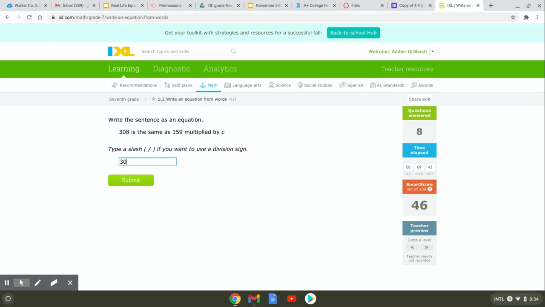So 308, the same as means equal to 159 times c. And remember, when we're dealing with variables, we just put it right next to it. So this says 159 times C. So they don't want you to put an X in there. They want you to put 159C.